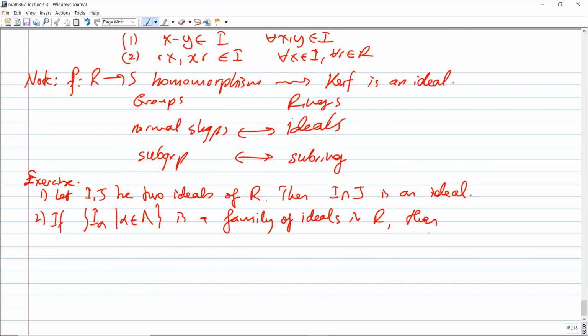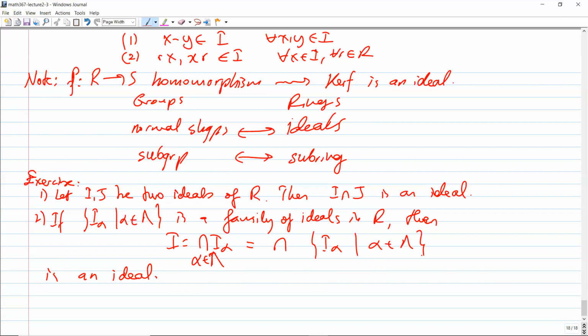Namely, the intersection of all I_alpha such that alpha is in Lambda is an ideal. So union in general is not an ideal, but intersection is an ideal.